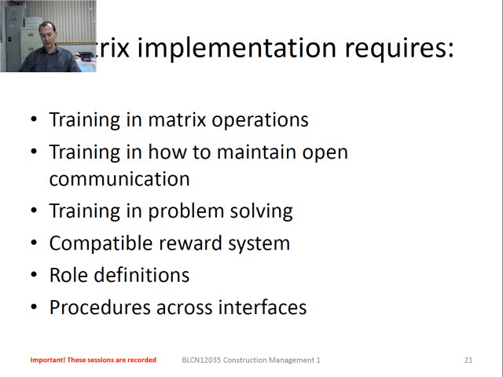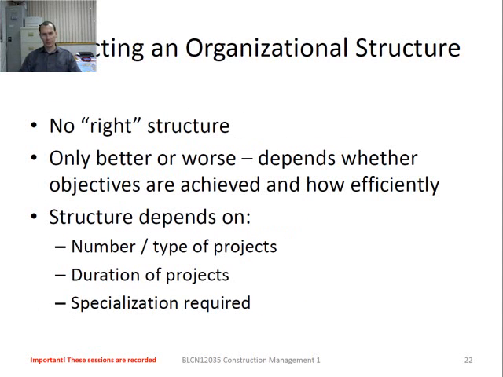So the key issue is to train people, make sure that they get on board early on, and make sure that you have clear role definitions, accountability, and responsibility. Make sure that they understand the difference between accountability and responsibility. Remember, accountability you cannot give away, while responsibility you can easily delegate to a lower level.